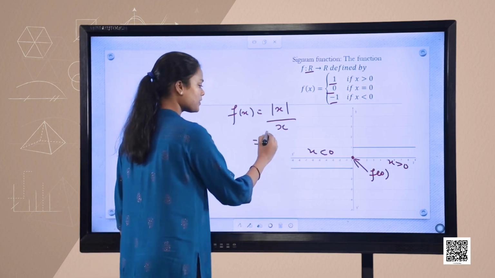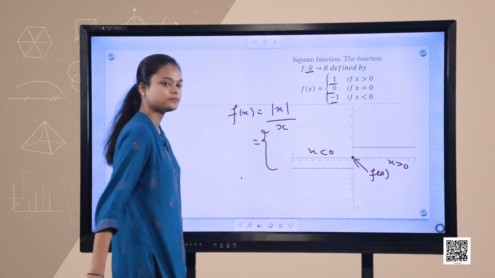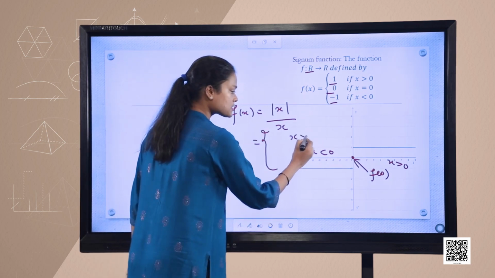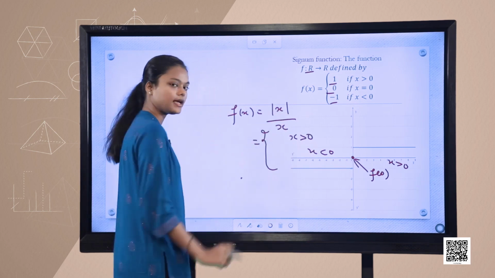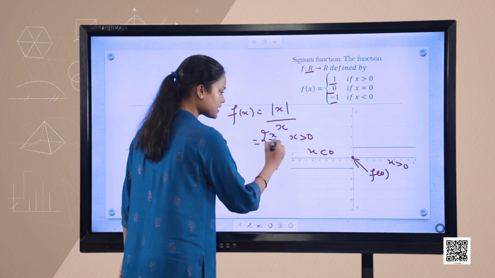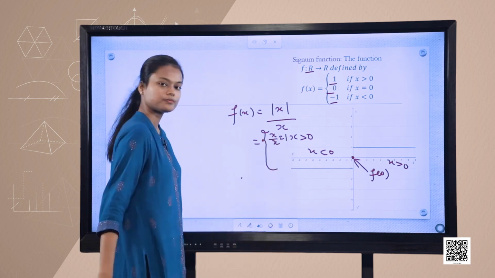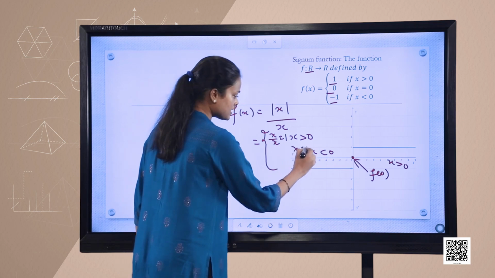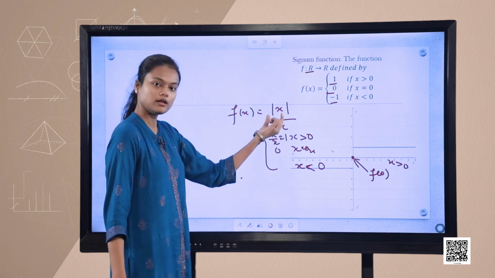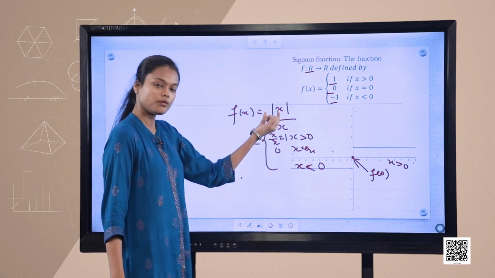You may notice, if we break this function, it is the modulus function. So for the modulus function, when x is greater than 0, what value will it take? Positive x. So positive x by x gives you 1. When x is equal to 0, it is already defined, it is 0. When x is less than 0, then mod x will take which value?